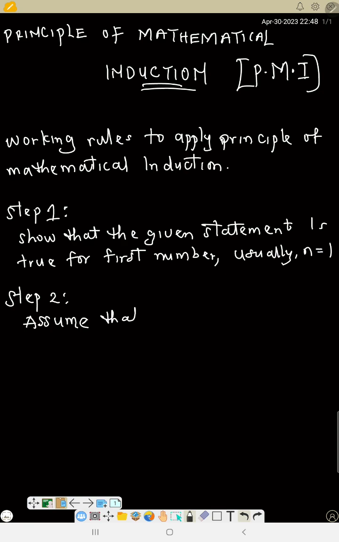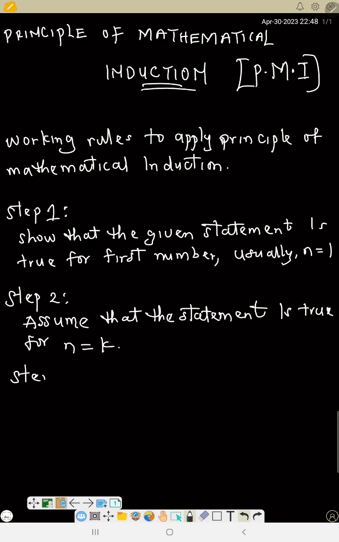that the statement is true for n is equals to k. So assume that the statement is true for n equals to k.